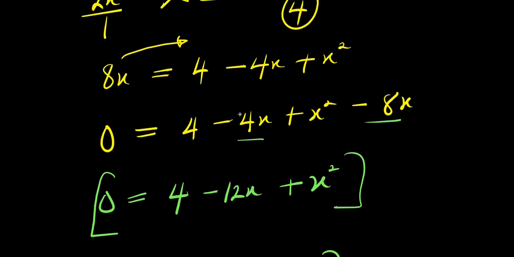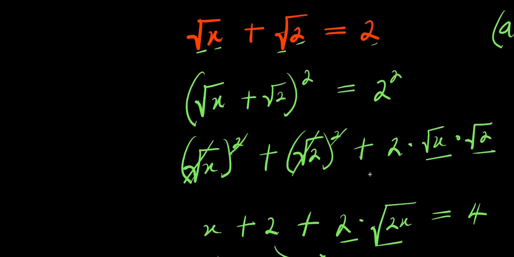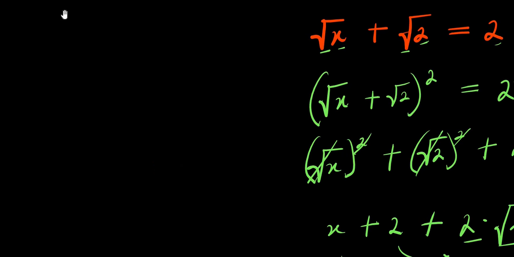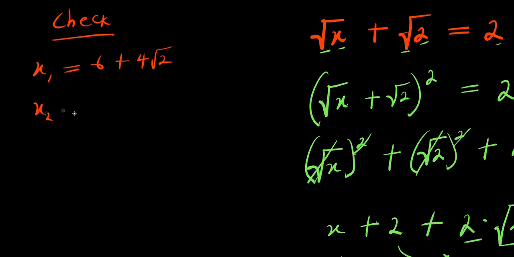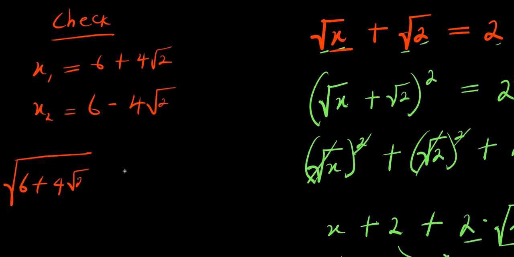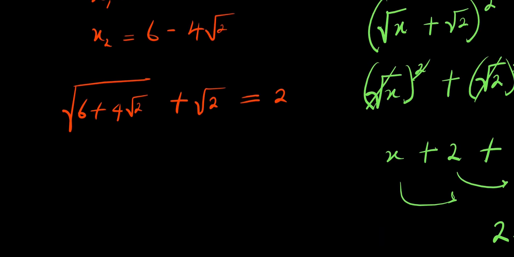Now let's go ahead and check if these two values of x will satisfy the equation. So we have the check. We have x1 equals 6 plus 4 root 2 and x2 equals 6 minus 4 root 2. This is our x, so we have square root of x, that is 6 plus 4 root 2, plus root 2 equals 2. Now, 4 root 2 will give us a number that is actually more than 5.